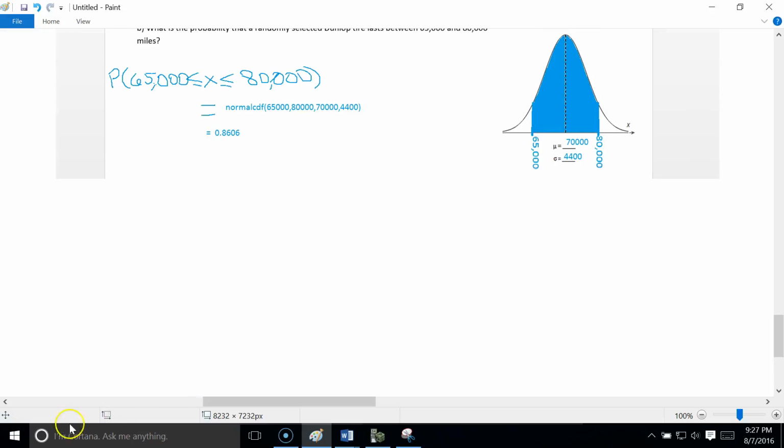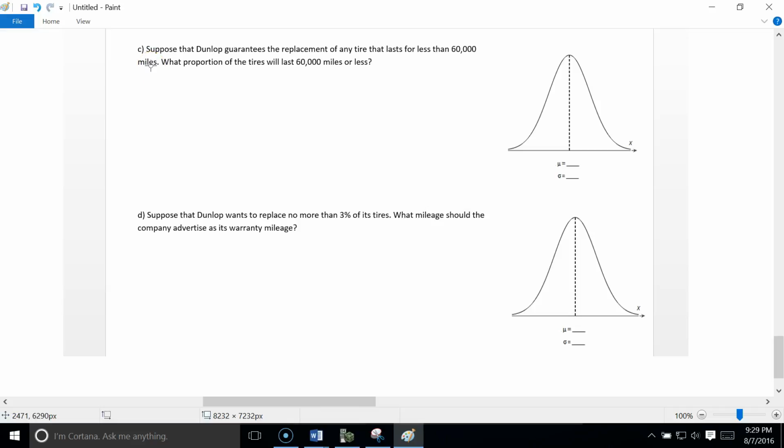Okay, moving on. Suppose that Dunlop guarantees the replacement of any tire that lasts for less than 60,000 miles. What proportion of tires will last 60,000 miles or less? So somewhere over here is 60,000.